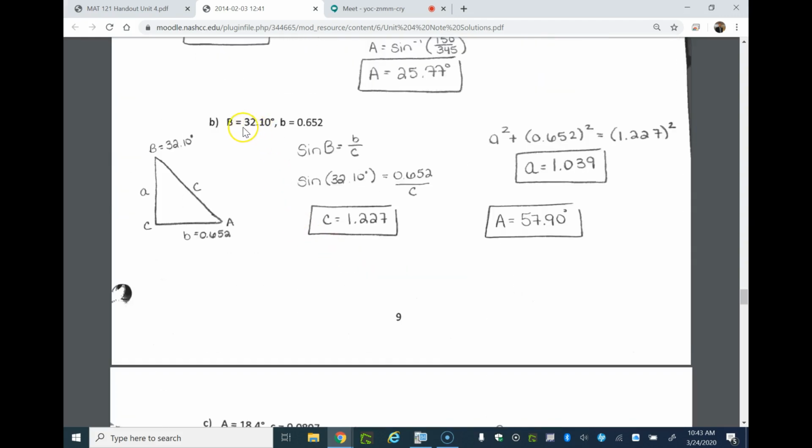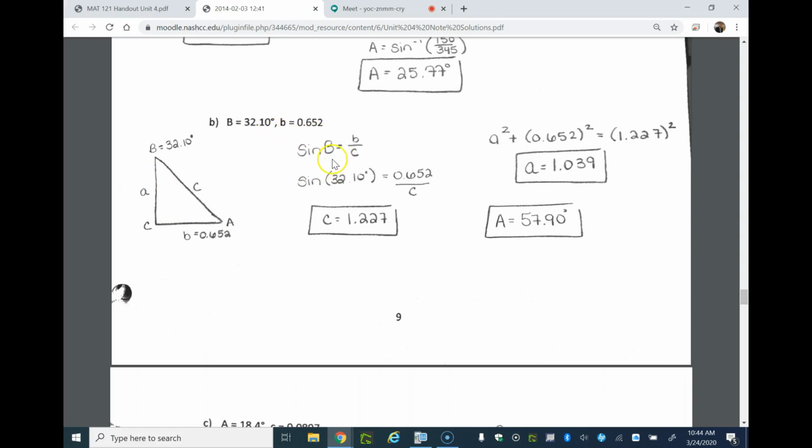This one here, I gave you just the angle and just one of the sides. So for this one, it'll probably be easier for us just to figure out what the other angle is, because if B is equal to 32.10 up here, we already know what C is equal to. We can guess what the A is going to be by just doing the three angles equal to 180.